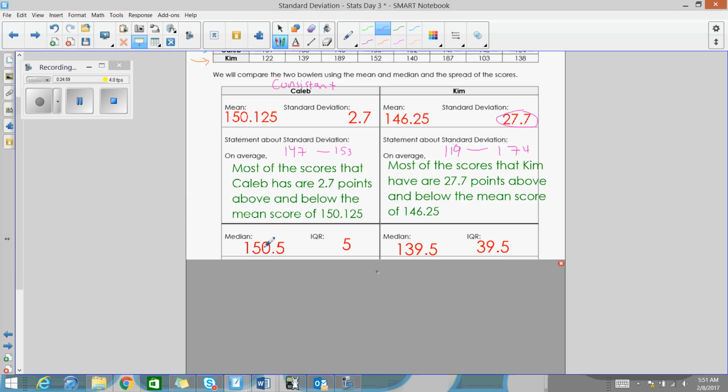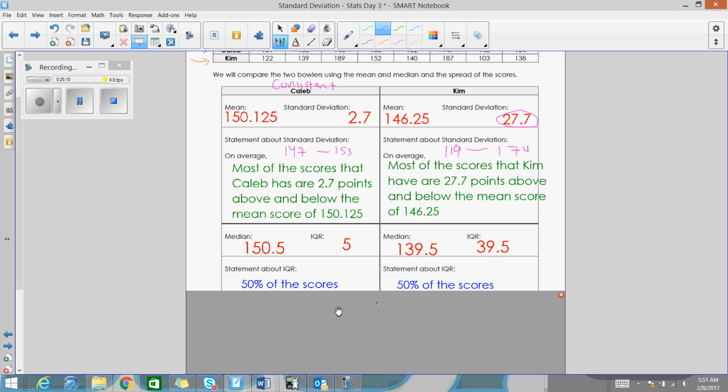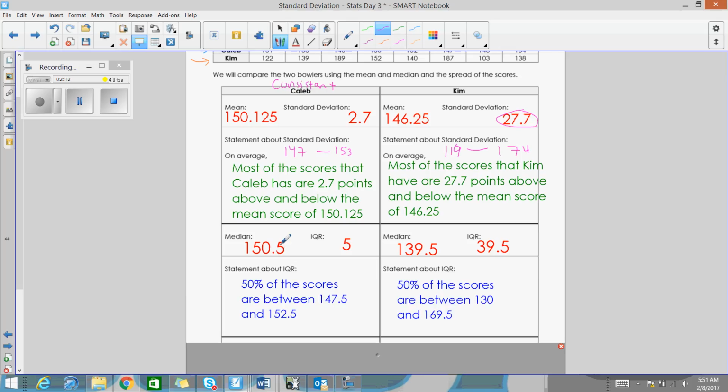Now, median. The median is 150 and our IQR is 5, meaning that 50% of the scores for Caleb will fall between 147.5 and 152.